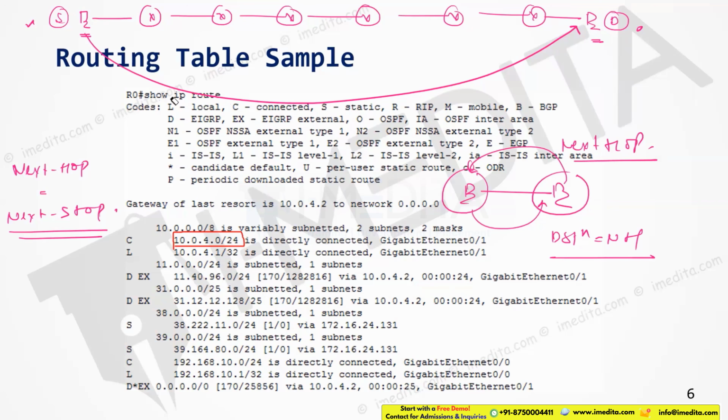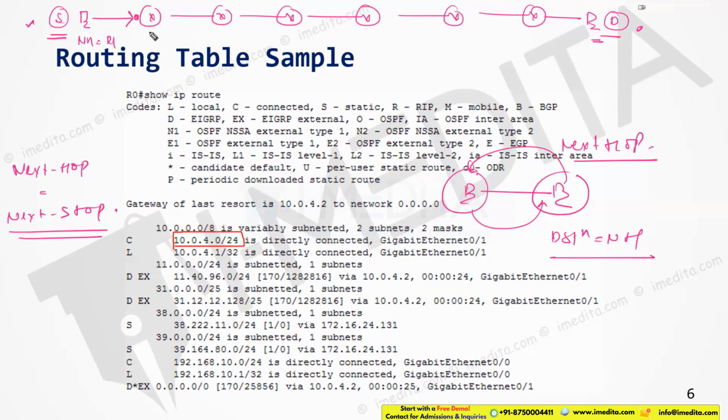Right? From this source to this destination, since I'm not directly connected, I will forward all the traffic to my gateway. So from this PC's point of view, this gateway is going to act as my next hop.